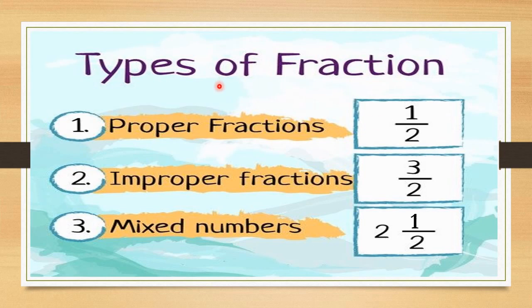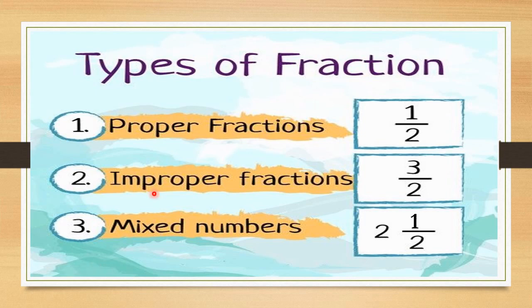Then we have seen types of fractions. There are mainly three types of fraction. First is proper fraction: the numerator is less than the denominator, that we call a proper fraction.